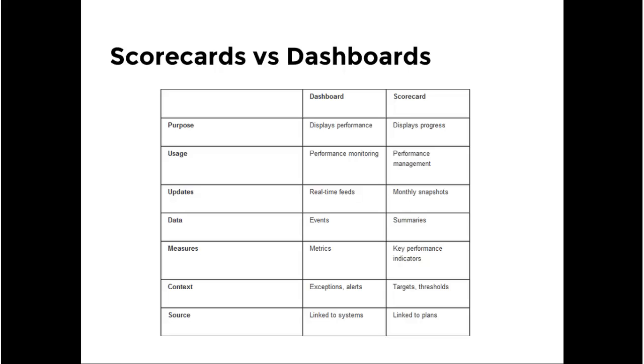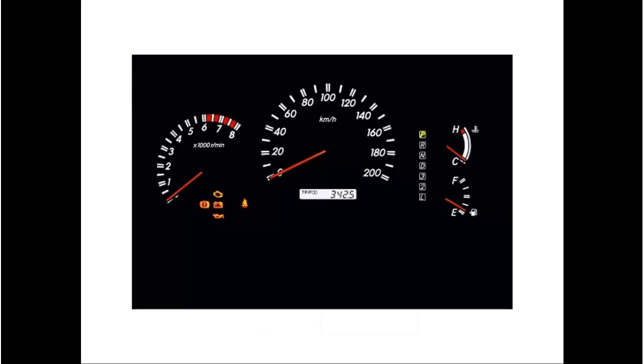And again, we talked earlier about the alerts and annotations within Google Analytics. Dashboarding is about identifying the exceptions and when you need to be paying attention to the data, whereas the scorecard is referencing more about how you're performing against a specific known target. Ideally, dashboards link directly with systems. They're pulling data. It's very operational, whereas a scorecard at times is linked to strategic plans and is used with aggregated data to better understand how you're performing against those plans.